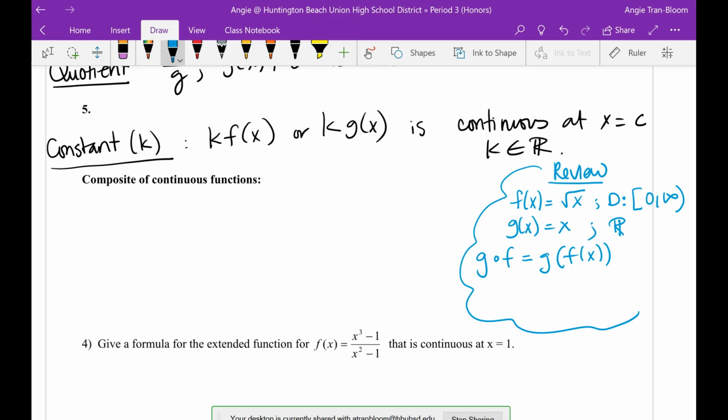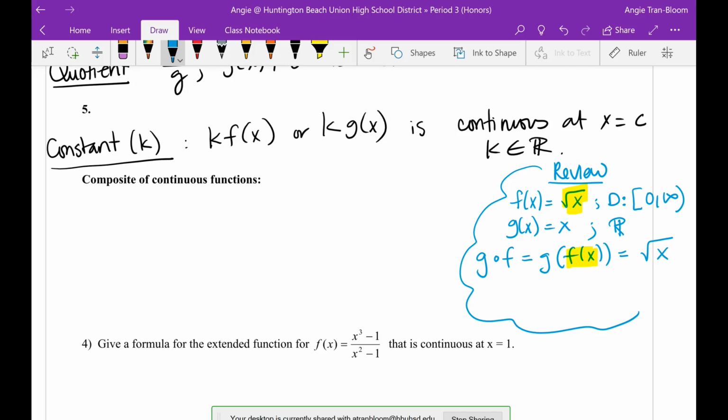So how do I find the answer? I plug the f function into the g function, because f is inside. What's your f function? Radical x. So what's my final answer? Just radical x. Can we agree that's true?